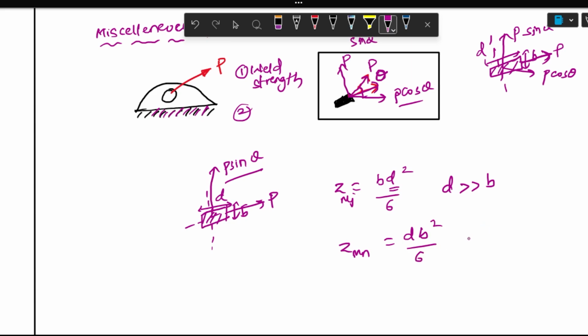At that time, D is very much greater than B. The bending stress, sigma is equal to M by Z, and the Z is very less. So the bending stress coming through the minor axis is very high compared to the major axis. This is the thing we have to keep in mind.